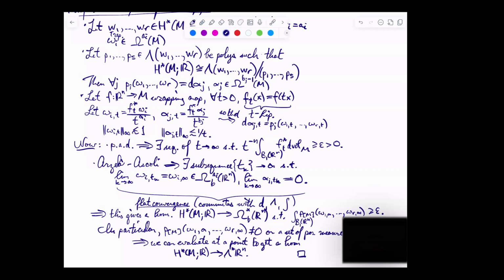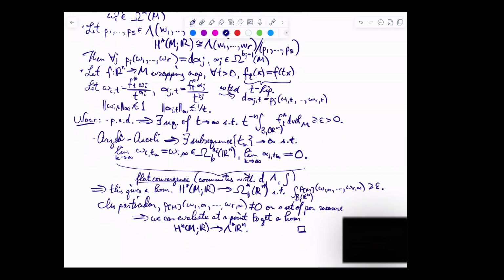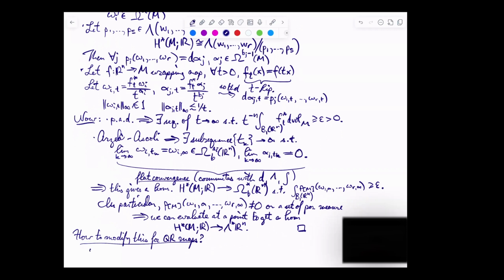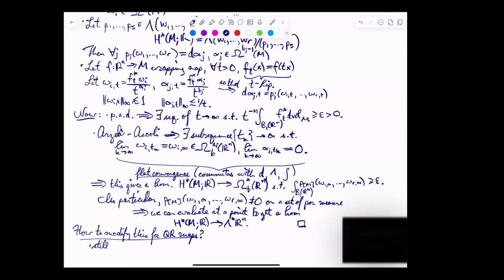So for those who are not as familiar with the story for quasi-regular maps, let me briefly explain what you need to do to modify this proof to work for quasi-regular maps. You still take forms on some balls, but maybe these balls are not around zero.